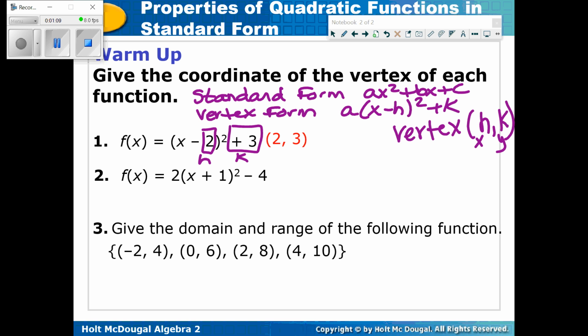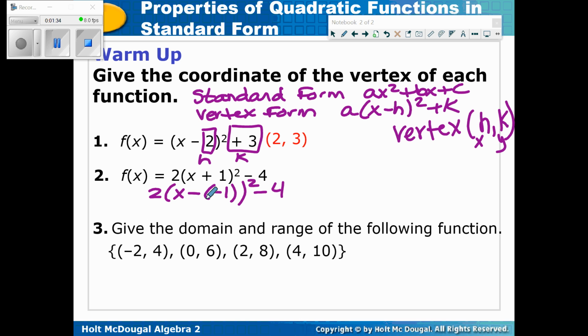That is your vertex. For number 2, notice it's a plus sign in the middle. But I want it to be a minus sign in order to match the formula. So I'm going to rewrite this as 2 times (x minus negative 1) squared minus 4.